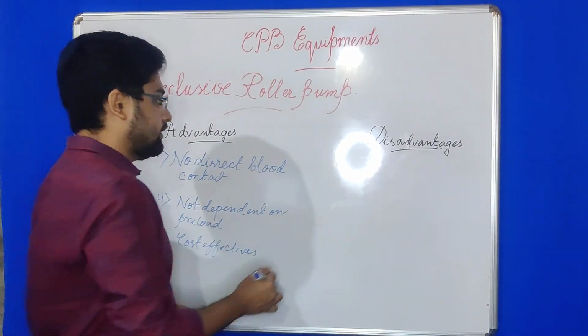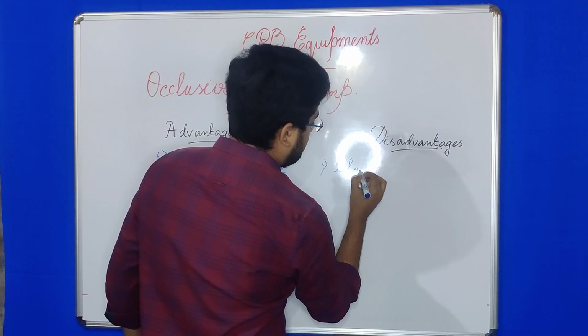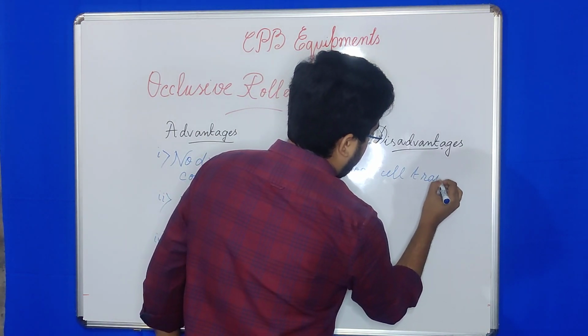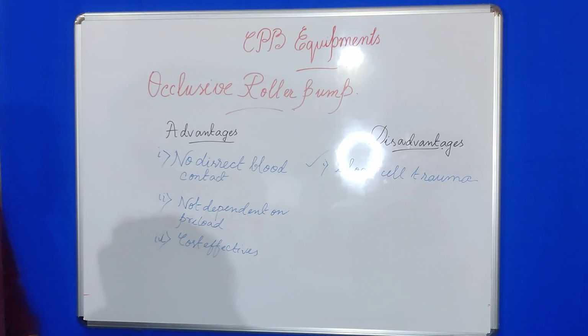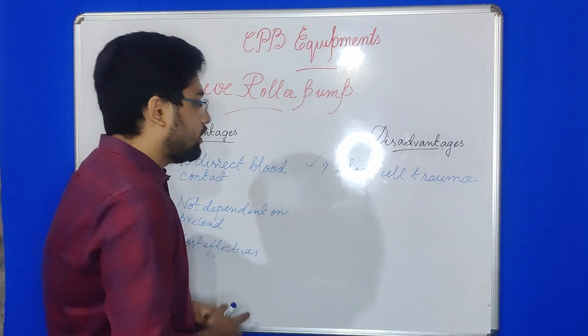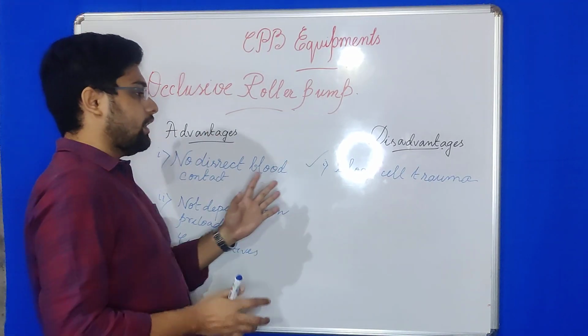Now the disadvantages. Blood cell trauma. This is the most important disadvantage of the roller pump. Why? Due to the occlusion pressure.